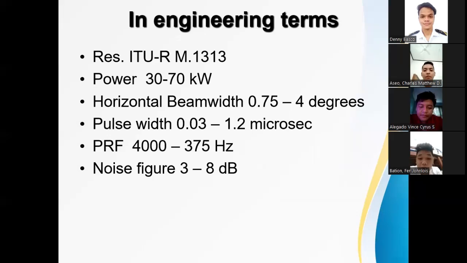Engineering terms, ITU-R M.1313. Power 13 to 70 kilowatts. Horizontal beam width 0.75 to 4 degrees. Pulse width 0.03 to 1.2 microsecond.